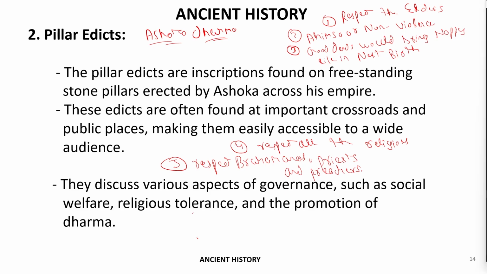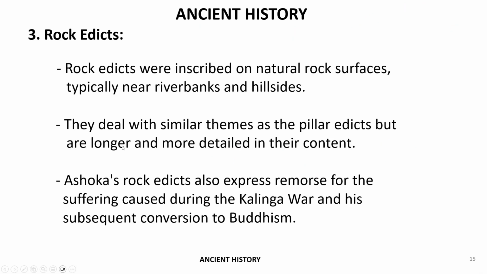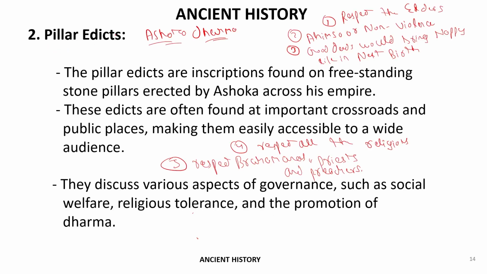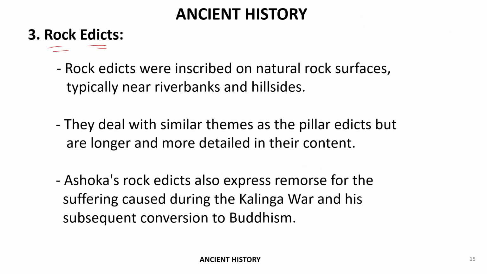Now let's move forward. Now we have the rock edicts. In the previous one, we had discussed the pillar edicts. Now we are going to the rock edicts. So basically, the rock edicts were inscribed on natural rock surfaces, typically near river banks and hillsides.